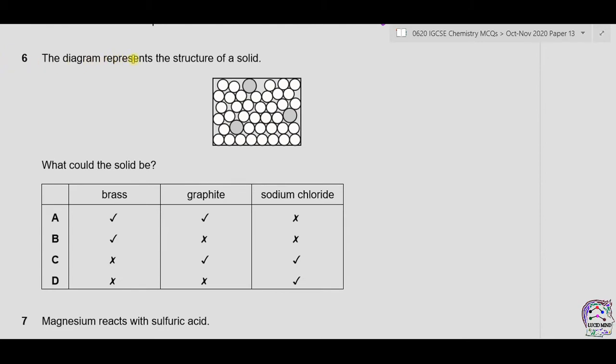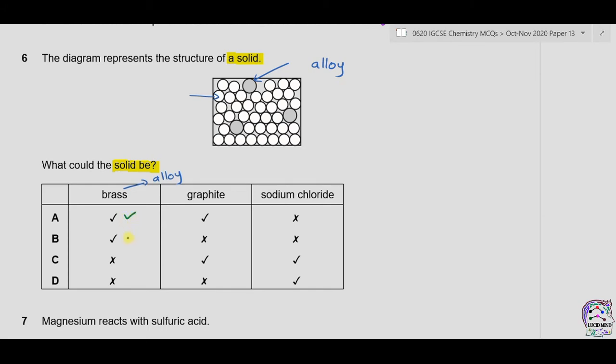Question 6. The diagram represents the structure of a solid. What could the solid be? Among the given we have brass, which is an alloy. As we can see in the diagram that there is one type of atoms in white color, while this is of different size. So it could be an alloy because in alloy we have a mixture of different sizes.